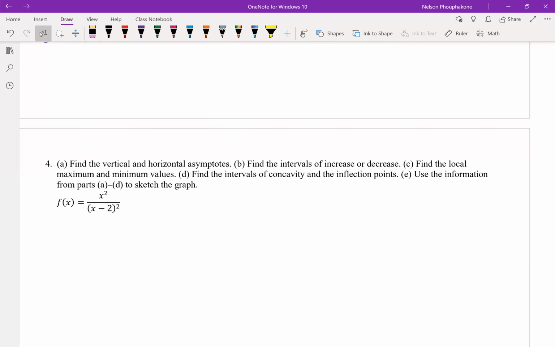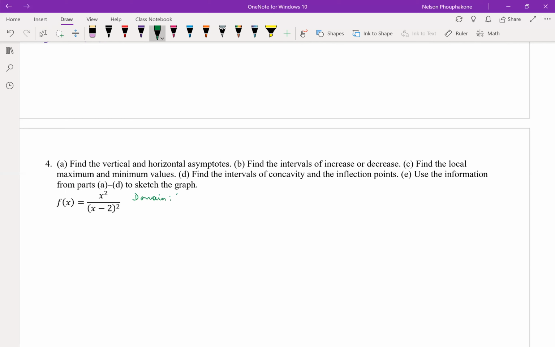So again, just like before, we would like to first take the first and the second derivative. But before we do this, we know that the domain of this function is all real numbers except x equal to 2.